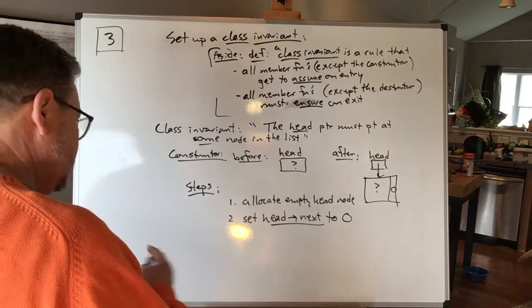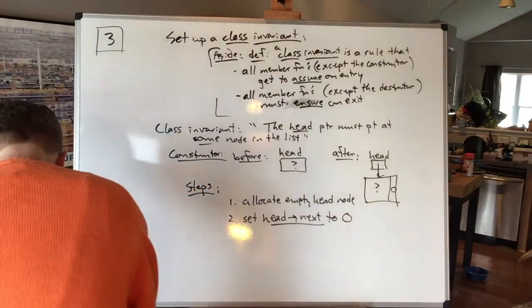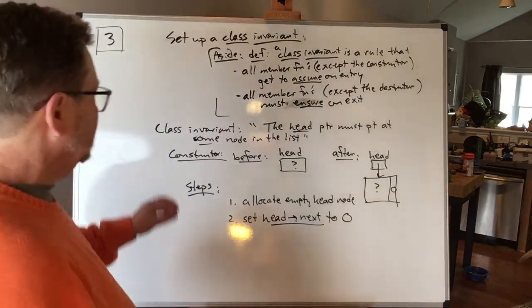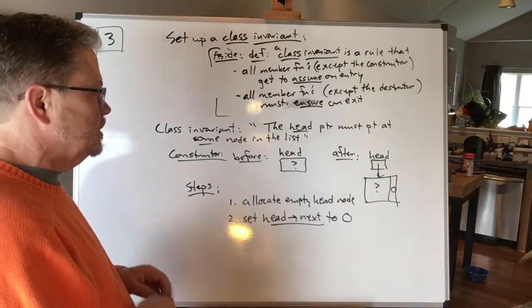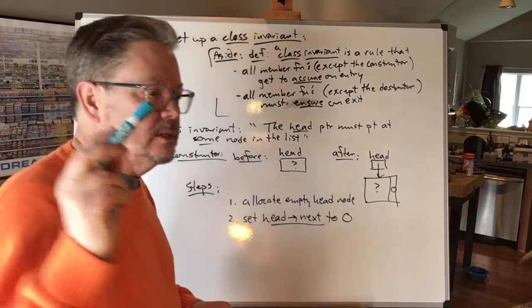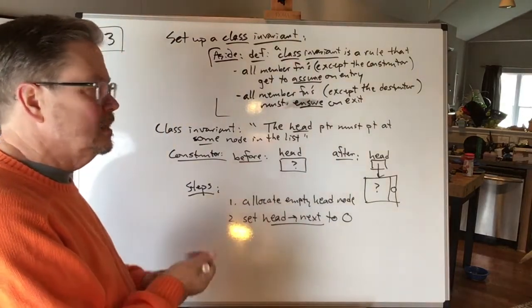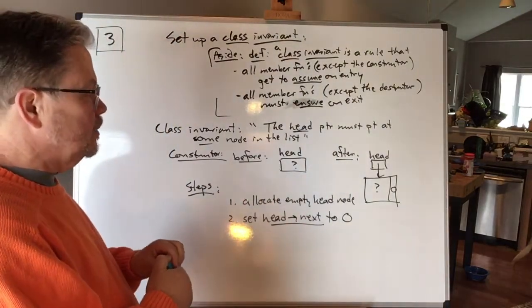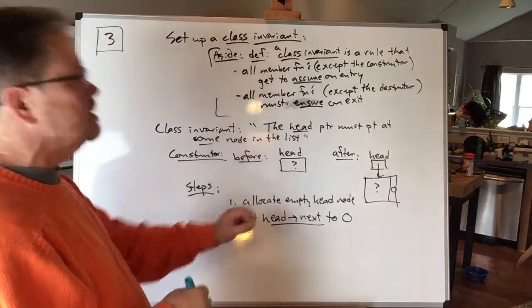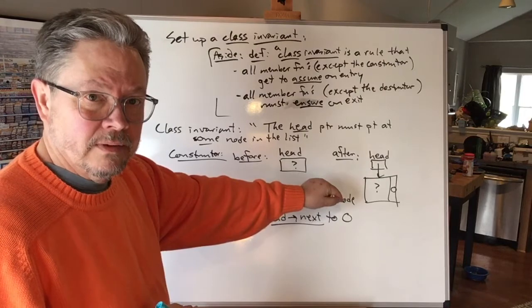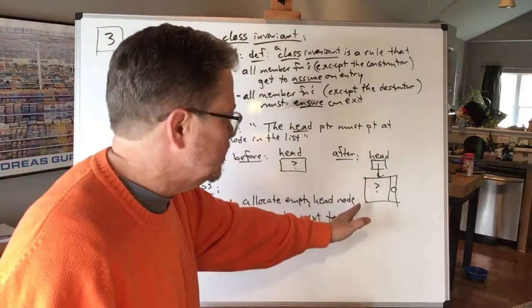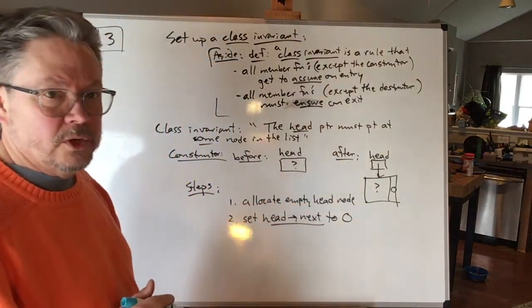Now that we've done that, I'm going to go ahead and tighten up my class invariant. This is good: the head pointer must always point at some node in the list. But again, flash back to the list of cats, the list of athletes. Not only does the head pointer need to point at some node in the list, it's going to need to point at this empty head node for the rest of its natural life. In other words, we've got to have this anchor that's always going to point to the first node in the list.